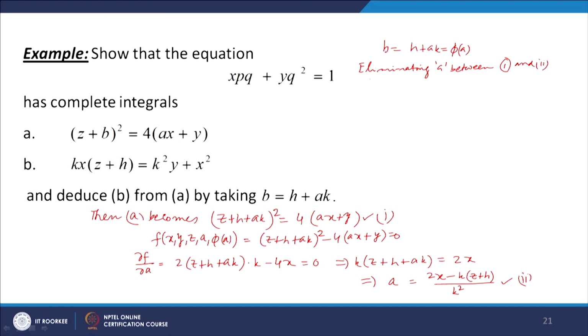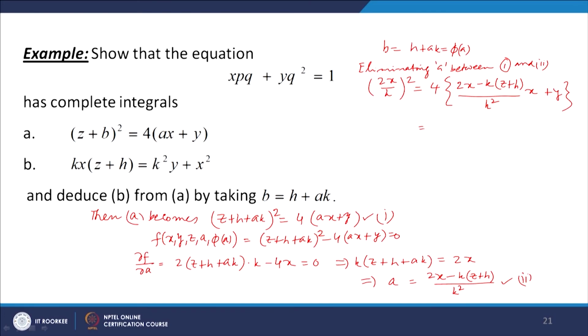So 2x by k whole square equal to, we have 4 times a into x plus y. So a is 2x minus k times z plus h divided by k square into x plus y.